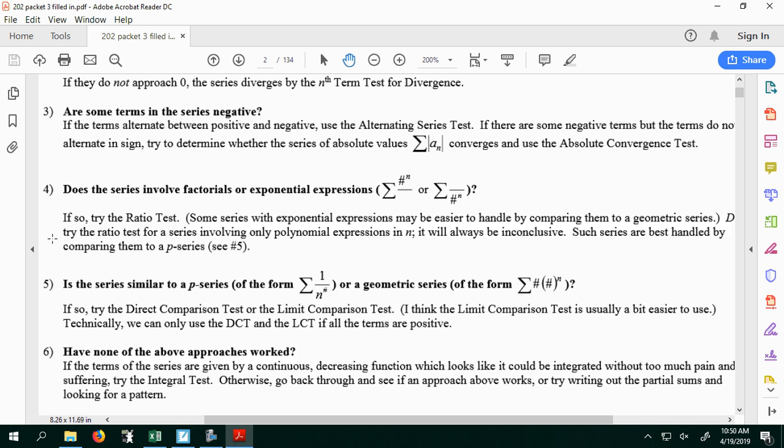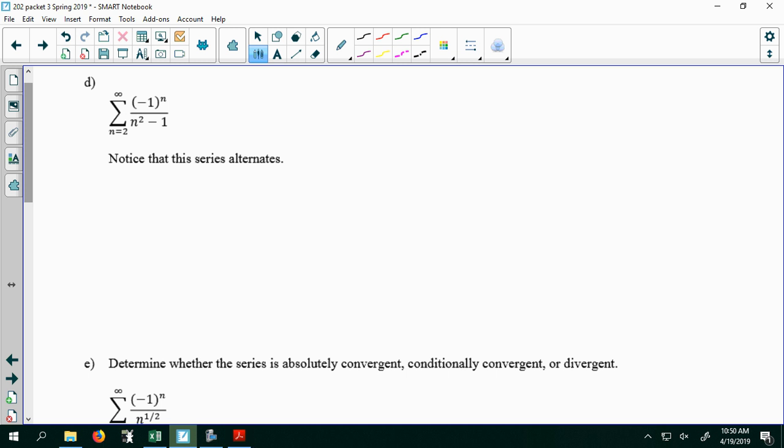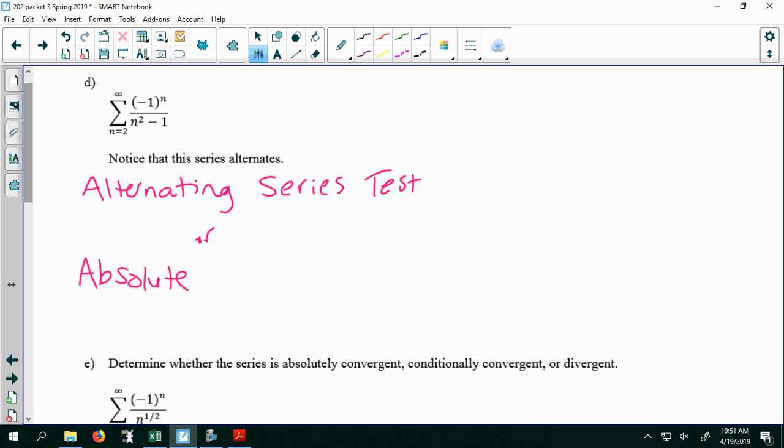So there's two tests we could use here: the alternating series test or the absolute convergence test. The details of how to use them are on the first page of your packet. So we're just trying to discuss which test might apply.